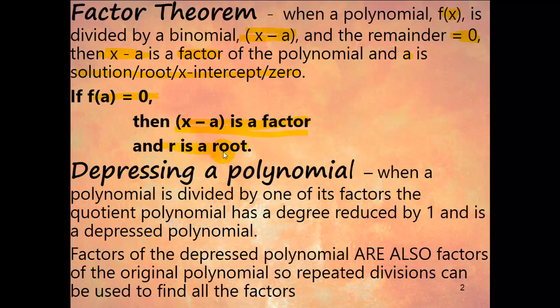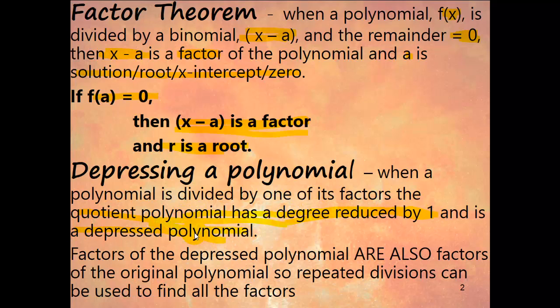Okay, so this idea of depressing a polynomial, it's not about making it sad. It is about reducing it by a degree of 1. Whenever your divisor produces a remainder of 0, the quotient polynomial is reduced by 1 degree and is called a depressed polynomial.